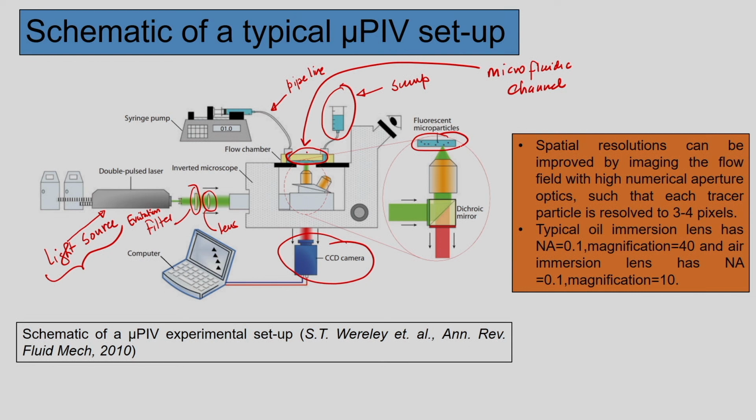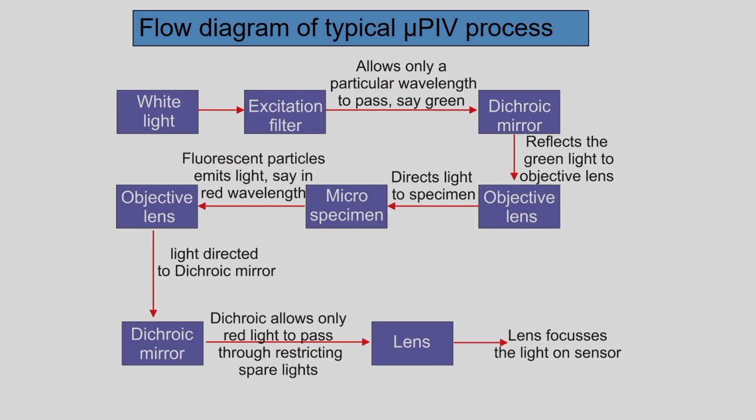Again we need to focus that light through the objective lens into the zone of our interest, so the dichroic mirror will do this job.